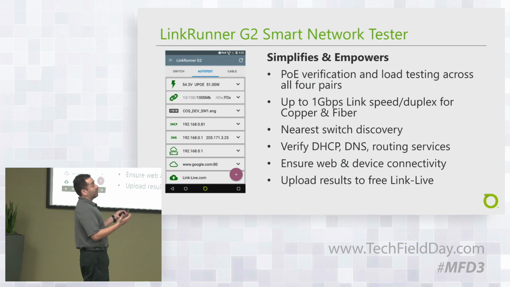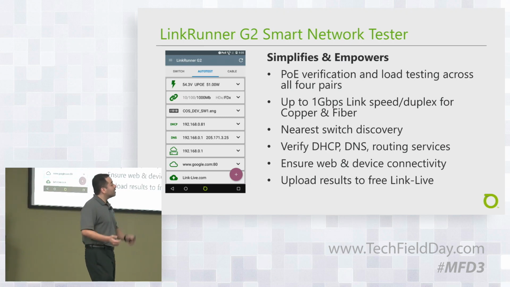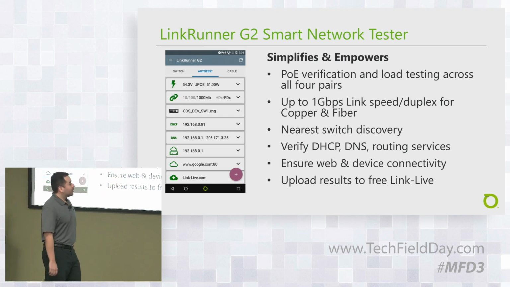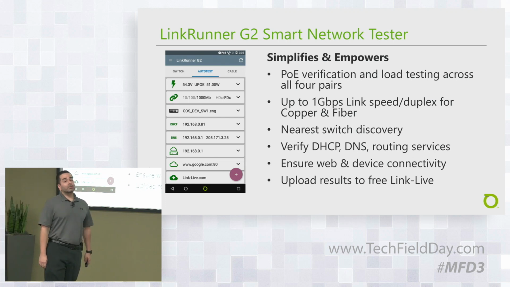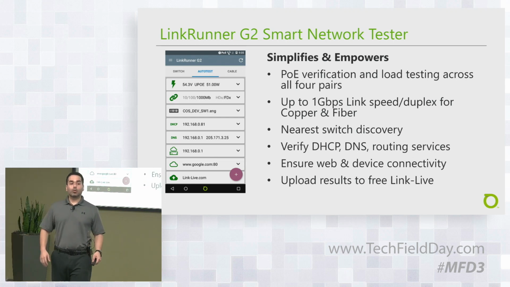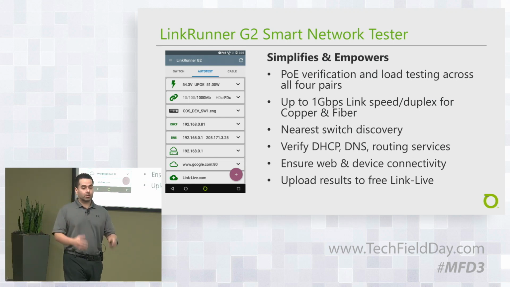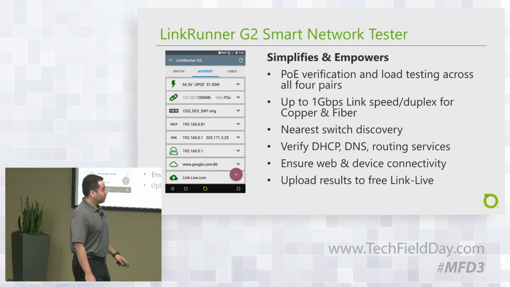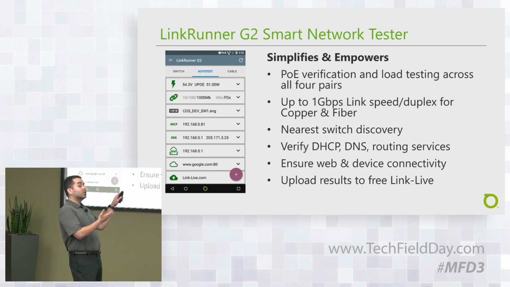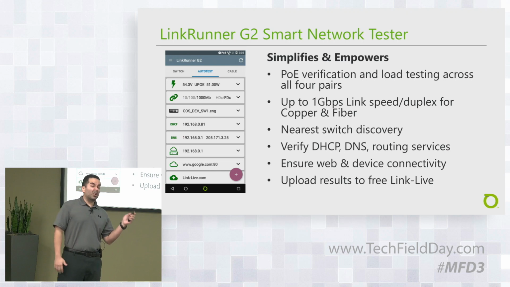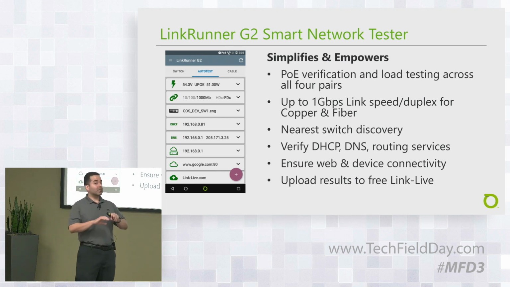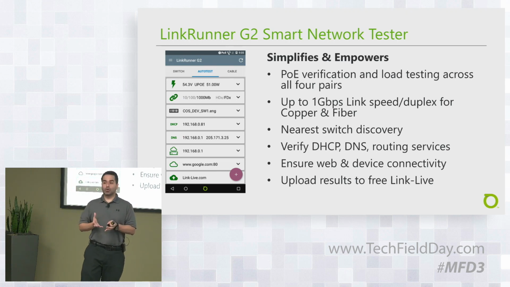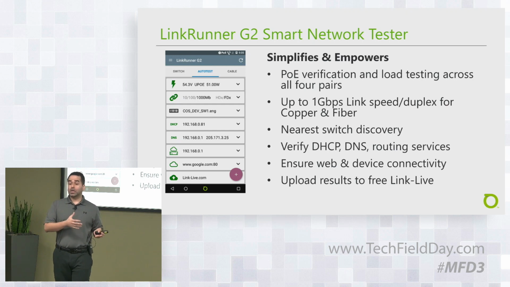Ensure web connectivity, or basically, can you connect to the internet? Device connectivity. And of course, as with most of our products these days, you can upload those results to Link-Live. So you perform a test, everything goes to the cloud, and we'll be talking about Link-Live a little more in a moment, but basically it's our cloud-based repository for test results and also for managing the tools.